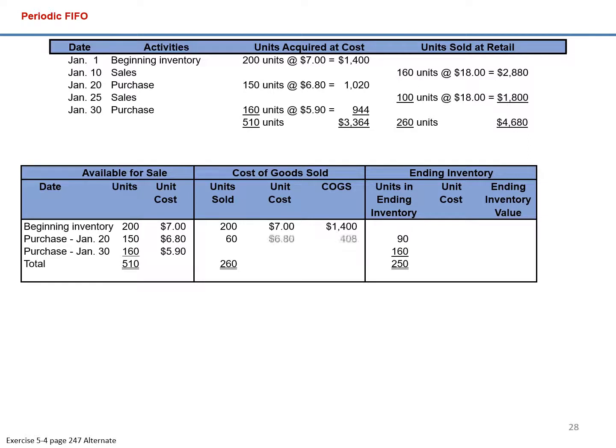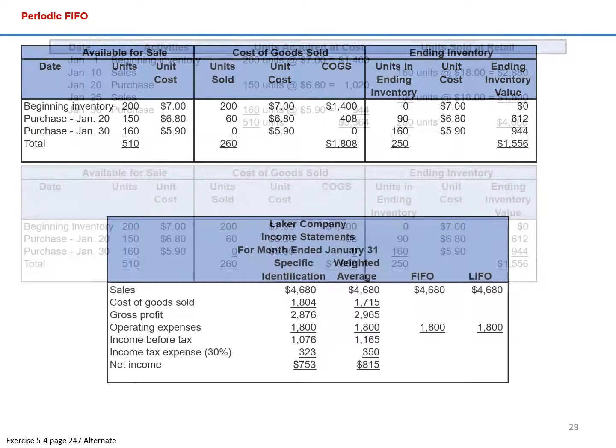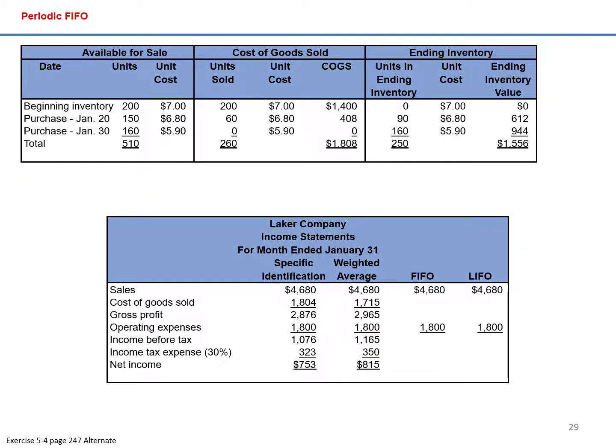Then if you multiply each by the cost, cost of goods sold of 1,808, ending inventory of 1,556. So for completing our income statement, we have cost of goods sold of 1,808. So 4,680 less 1,808, gross profit of 2,872.